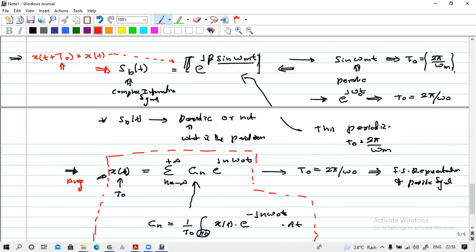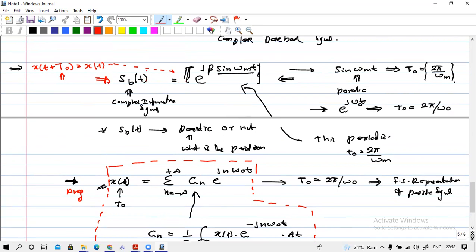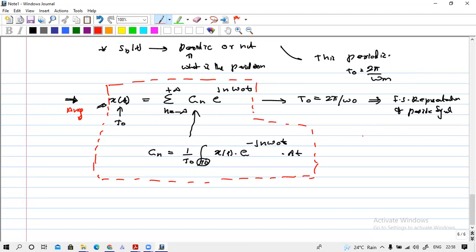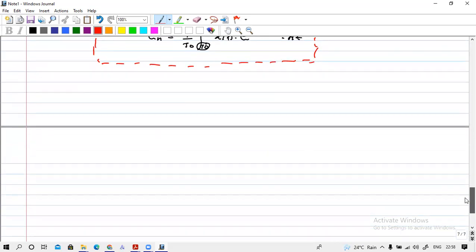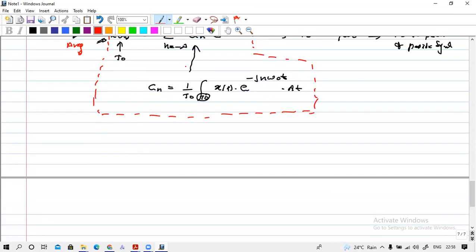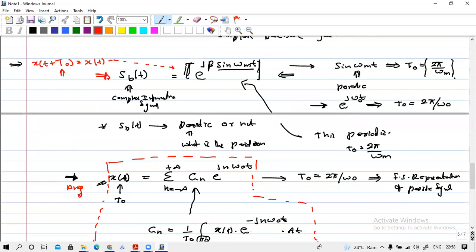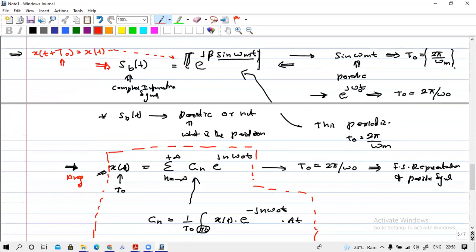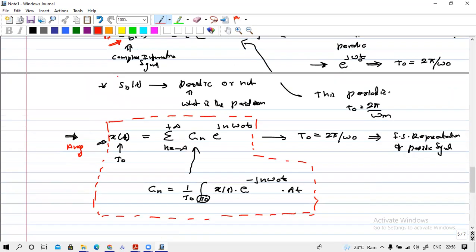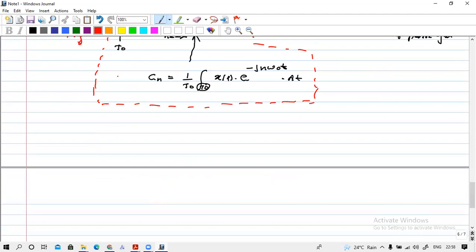So I am going to represent this signal as a collection of harmonics, because we can see that in that format, the FM modulated signal is represented as a collection of harmonics. So I'm going to do that here. I'm going to represent my passband signal as a collection of complex exponential harmonics.